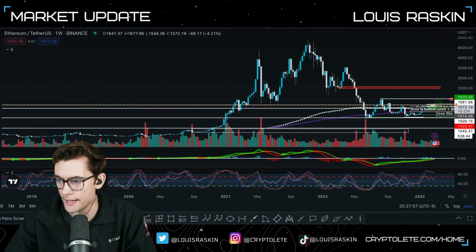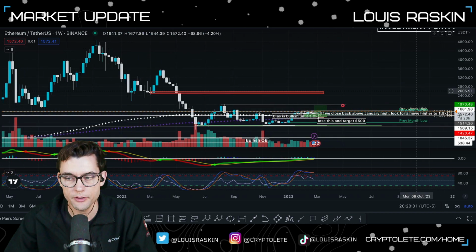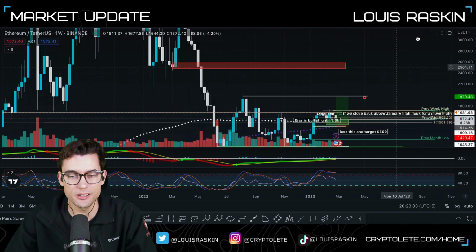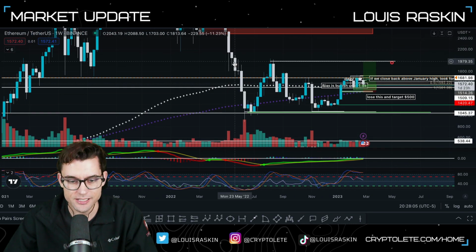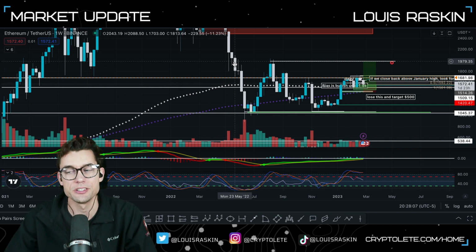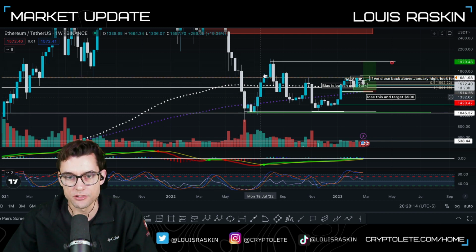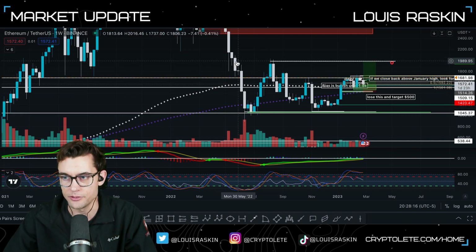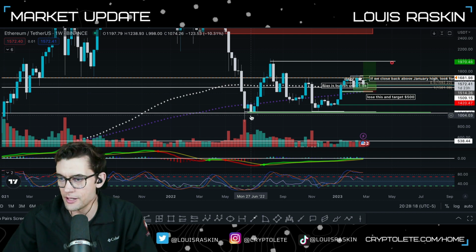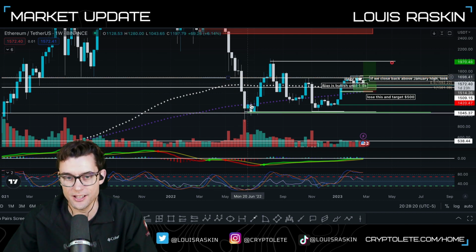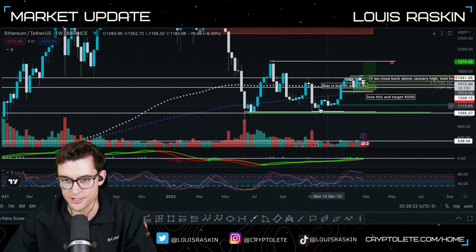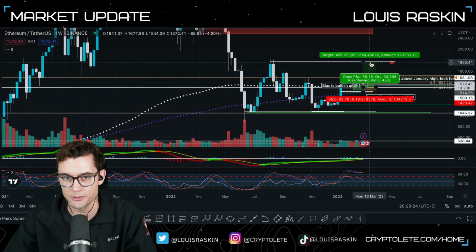So now we have ETH, the weekly chart of Ethereum. And if you look at this weekly chart on Ethereum, look at this. Since May of 2022, so almost a year, it was in this range, literally between $1,000 and $2,000, $1,000, $2,000, and looks like it's going back up to $2,000.